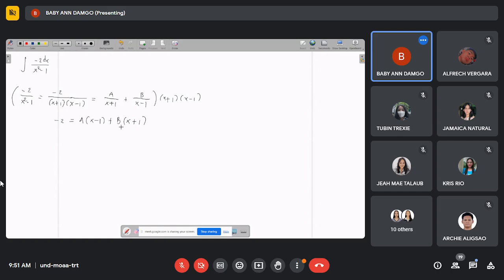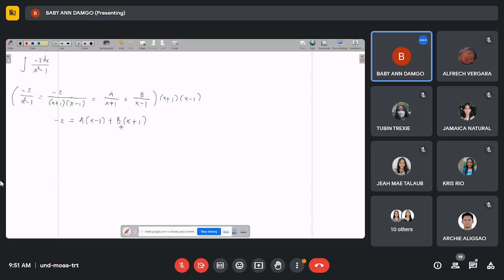Another technique to solve for a and b is to compare like terms. We have negative 2 is equal to a times x minus 1 plus b times x plus 1. So this is ax minus a plus bx plus b, equal to negative 2. Combine like terms.